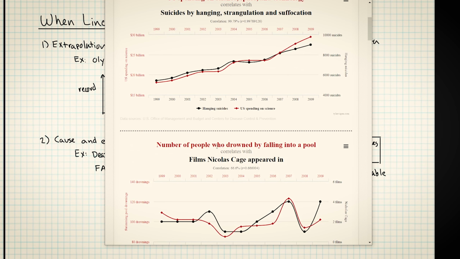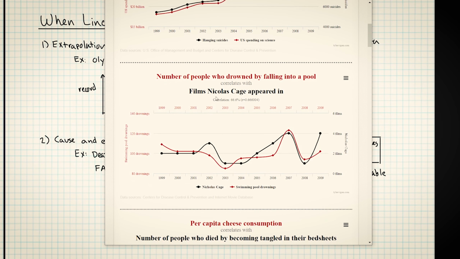The number of people that drown by falling in a pool has a correlation with the number of Nicolas Cage films. So, the fallacy here would be to believe that Nicolas Cage appearing in a movie is causing people to drown by falling in a pool.